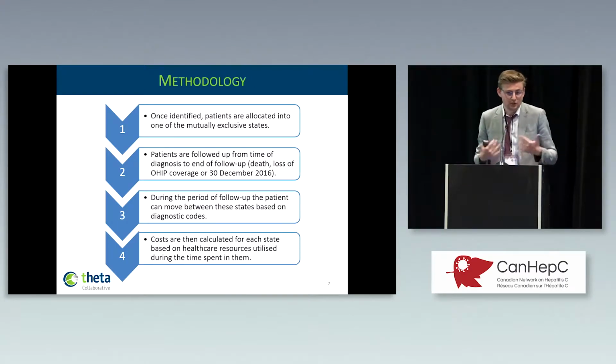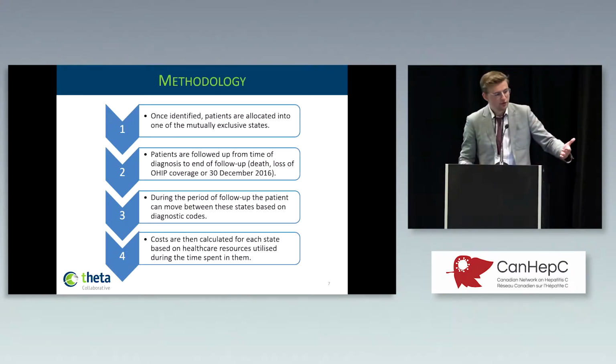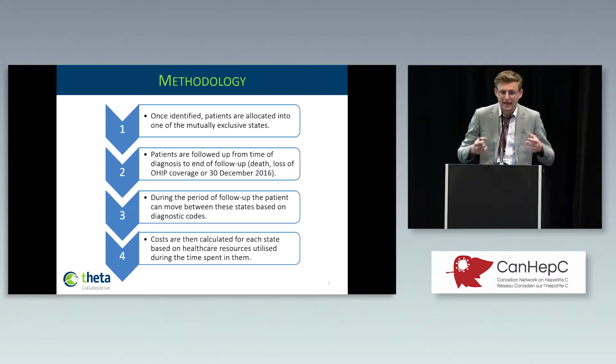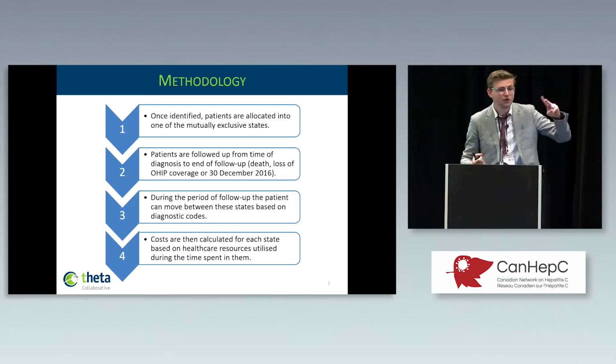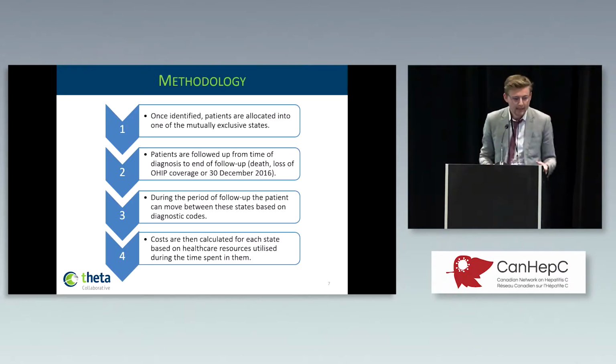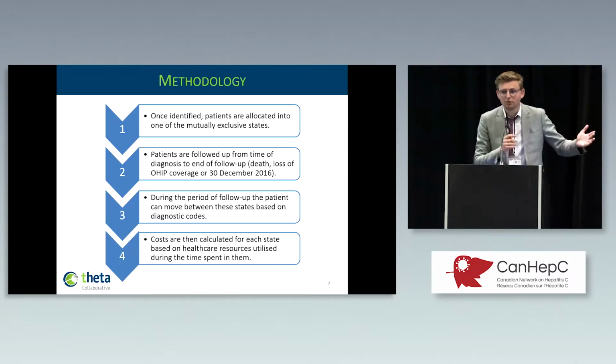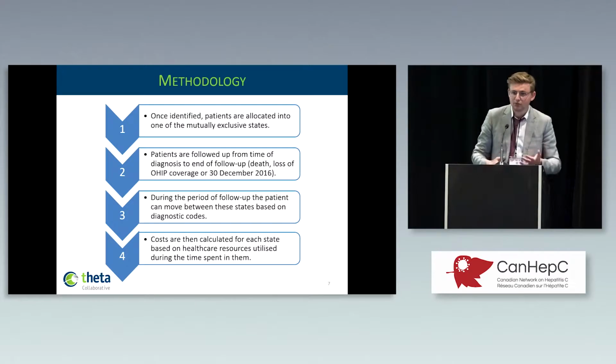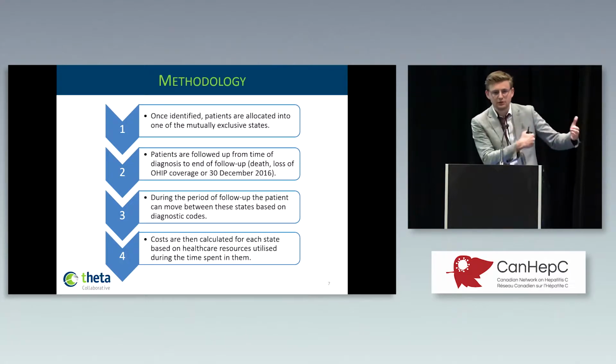So this was the methodology we applied. We have identified the cohort. The first step is we allocate you into one of those 9 mutually exclusive health states. When I say mutually exclusive, you can't be in 2 of those health states at any given point in time. Then we looked at the individual's history and followed them up from the time of diagnosis right up until the end of follow-up. End of follow-up could be either death, loss of OHIP coverage, or December 30th, 2016, which was as far as we could look.